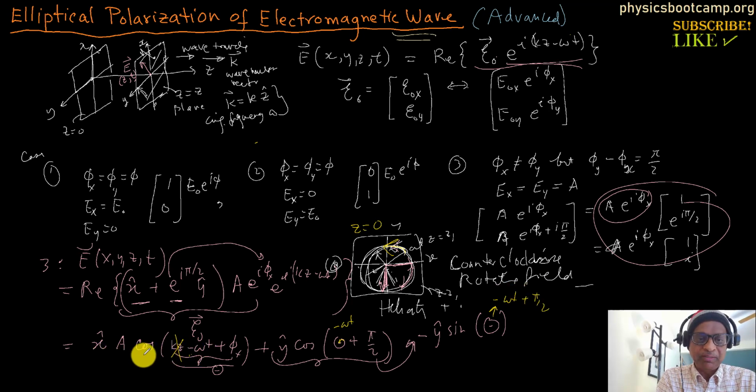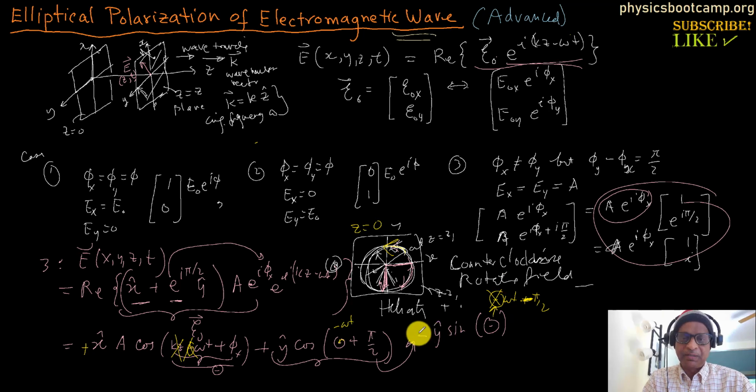So when you pull the minus out, this remains plus, and so this becomes a plus, and sine minus pi over 2. Oh, this plus pi over 2. Sine plus pi over 2 will point over there.